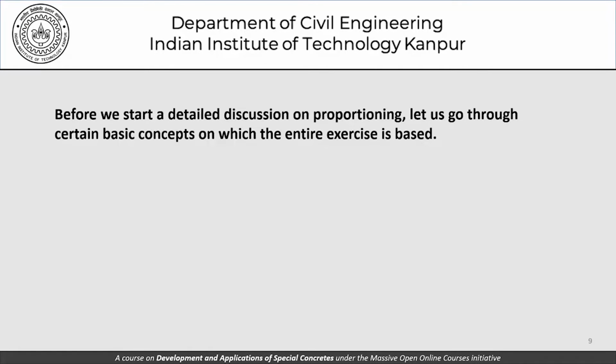But before we start a detailed discussion on proportioning, let's go through some basic concepts which will be very important and will serve as the basis for the entire exercise.